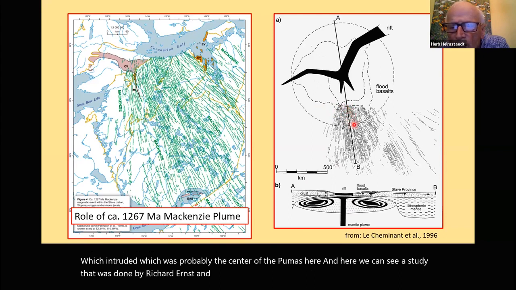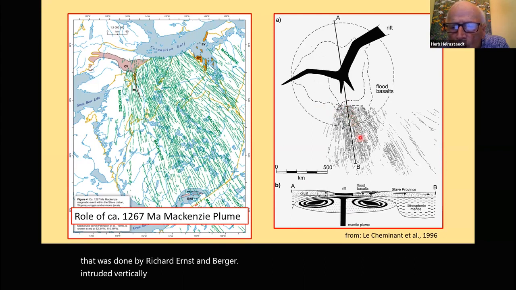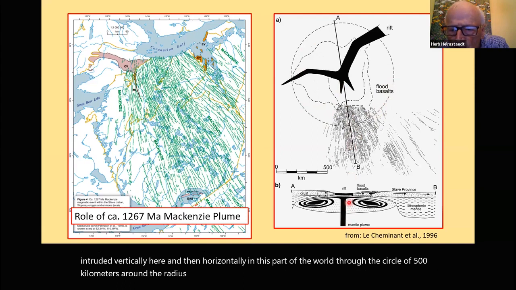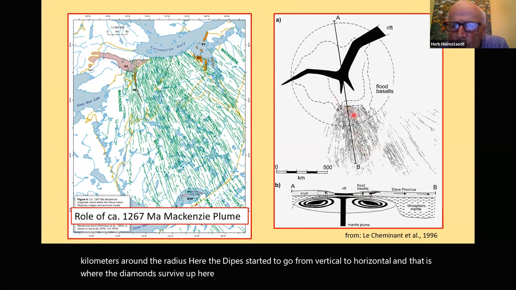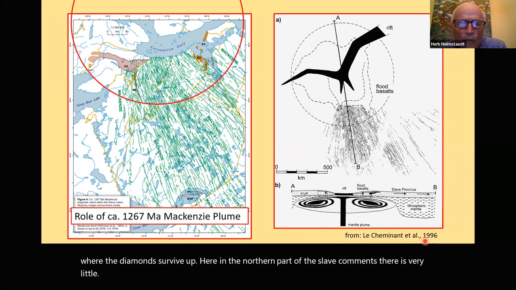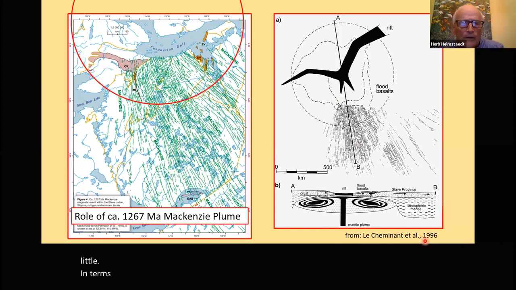The dikes intruded vertically here and then horizontally in this part of the world. So within the circle of 500 kilometers radius here, the dikes started to go from vertical to horizontal, and that is where the diamonds survive, up here in the northern part of the Slave Province. This is the circle here now.